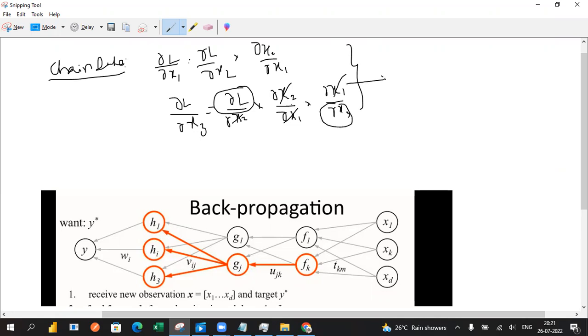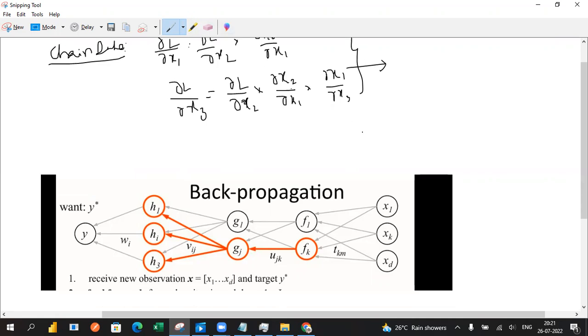Why I'm writing this, I will tell you. As per understanding, this is the chain rule. The concept of the chain rule is that whenever you write any kind of equation, you can also write it without constructing it, without identifying with respect to the other nodes. Why am I writing this?